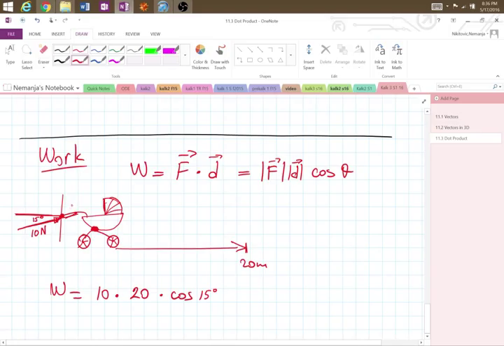We have 15 degrees there. So cosine of 15, 15 below. So what do we get?